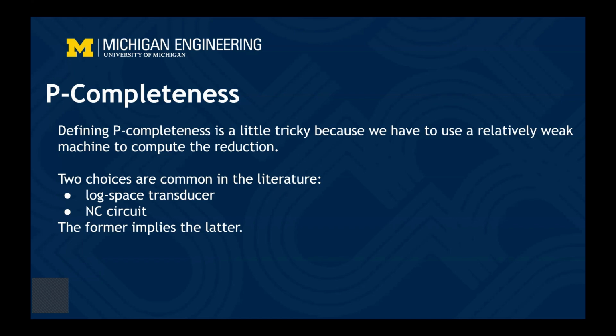A log space transducer, which is a machine that has log space but can write to an output that's longer than that log space, and an NC circuit. And the former kind of reduction implies the latter, because as we saw earlier, L is contained in NC. Next slide.